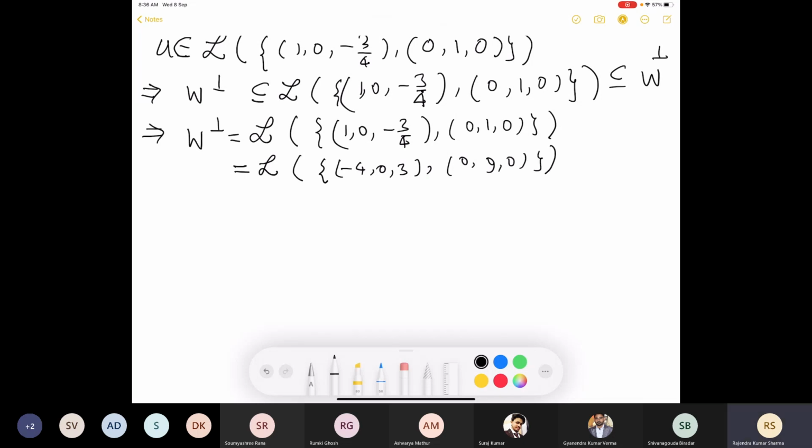This is for you to verify, and you could have done it by starting with another set. So you can verify that this is also a basis for this. So remember this W. Now recall W.